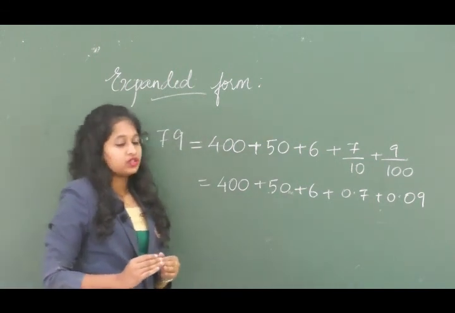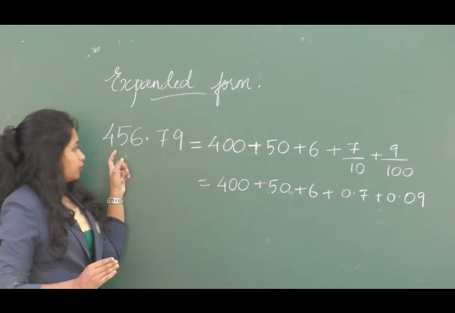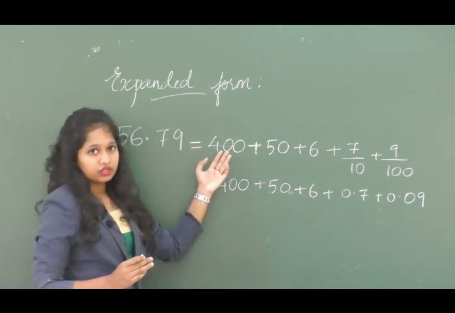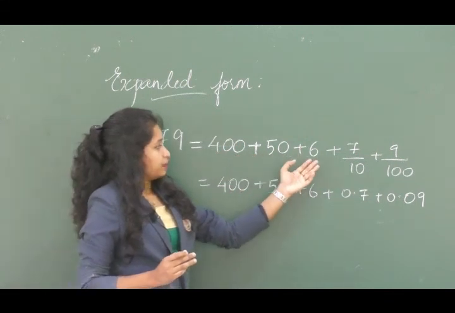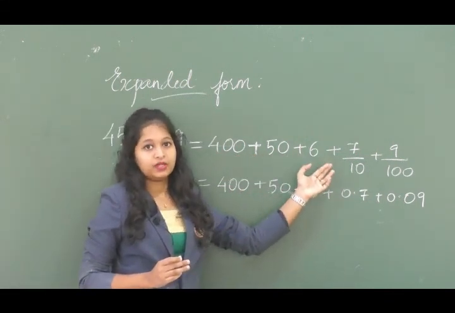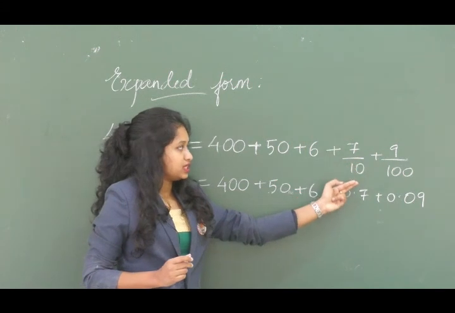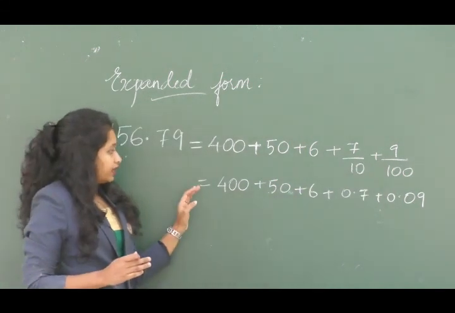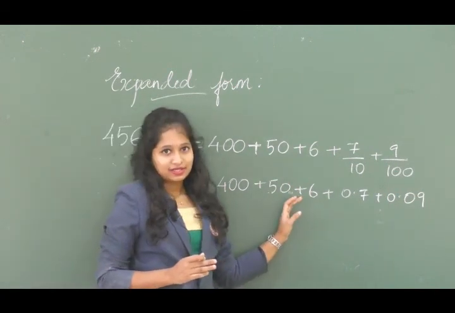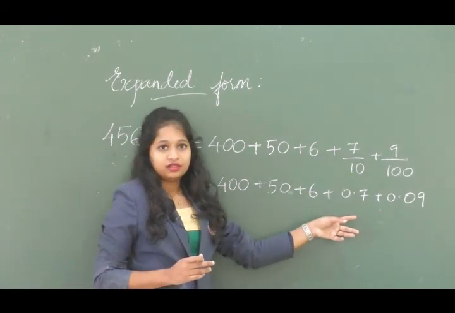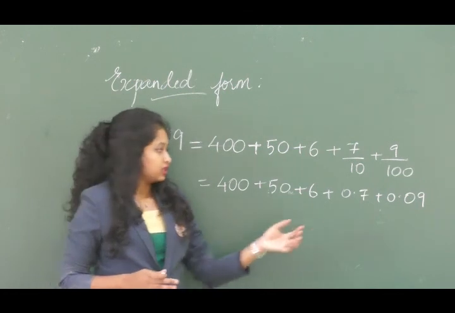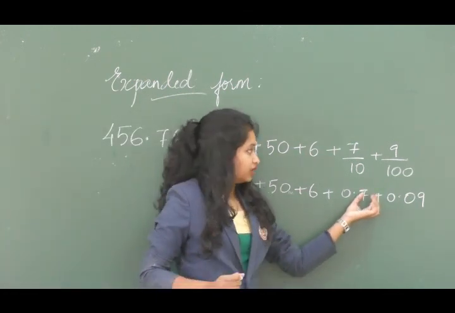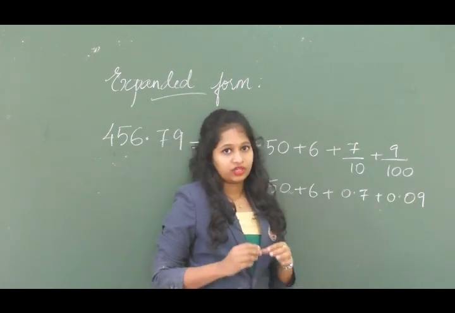Okay, so for this, when you expand, we can write it as 400 plus 50 plus 6 plus 7 by 10 plus 9 by 100. All these numbers as it is, and 7 by 10 in decimals we can write as 0.7, and 9 by 100 we can write as 0.09.